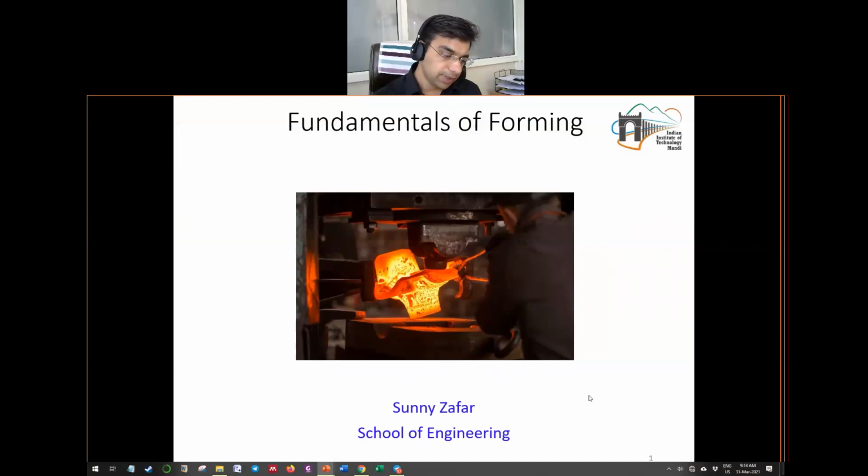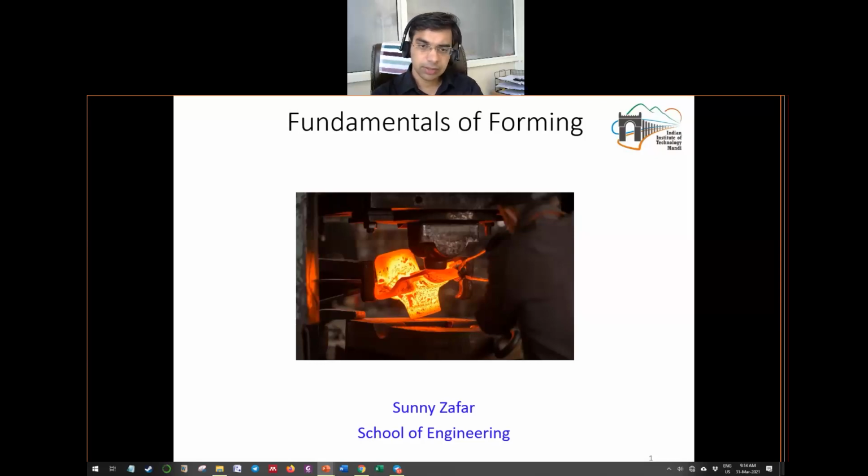Forming is a new class of manufacturing processes which rely on changing the shape of the product by applying forces which induce stresses beyond the yield stress, but within the fracture stress.